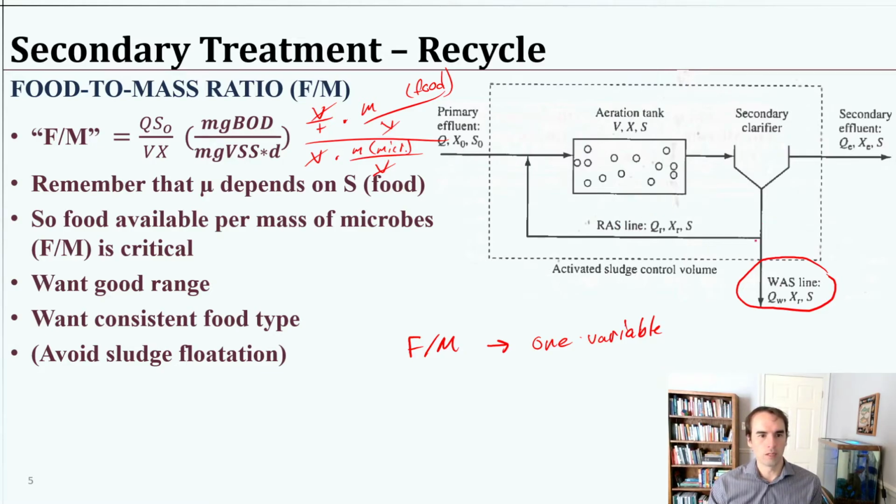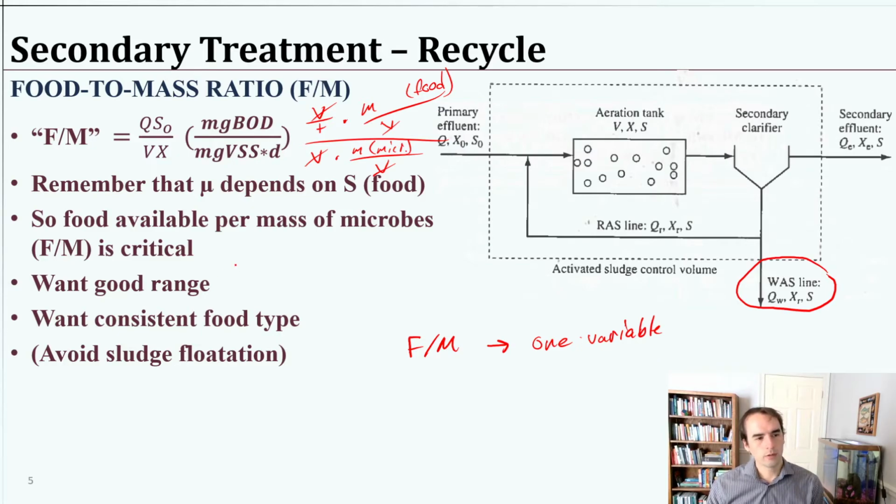So if you increase the flow this way, you have a smaller flow here, whereas if you shrink the flow through the waste, then you're going to have a larger flow going this way, because it's going to have to account for the same volume, same flow rate either way. So it turns out that this QW controls a lot of the important parameters in the system. In fact, I would call that probably the most important design parameter or control parameter for the activated sludge system with recycle.